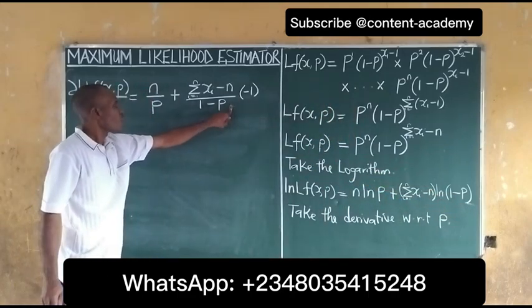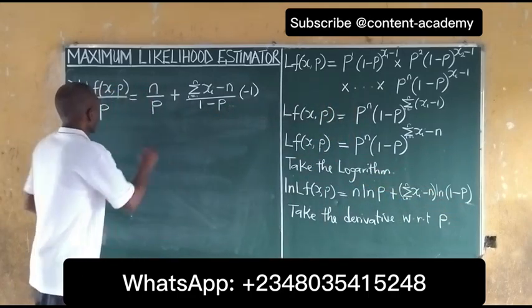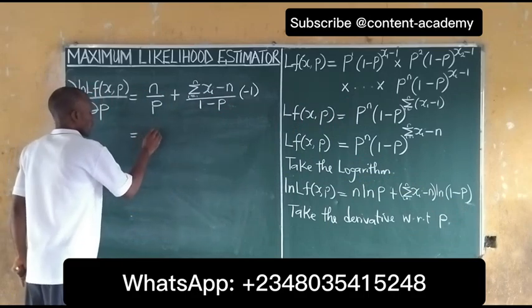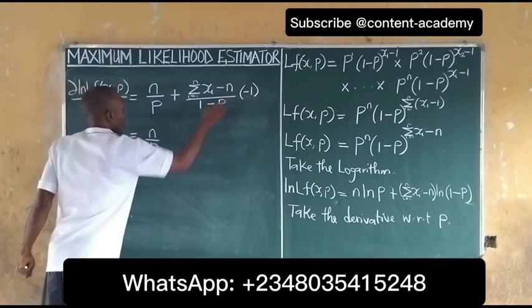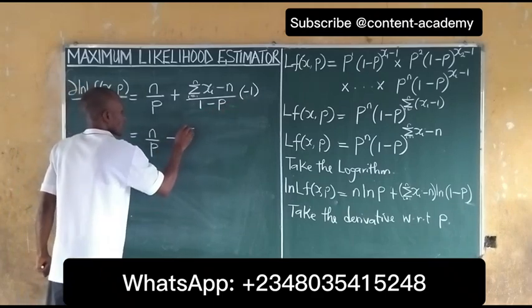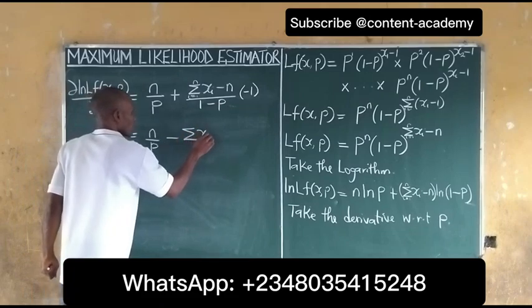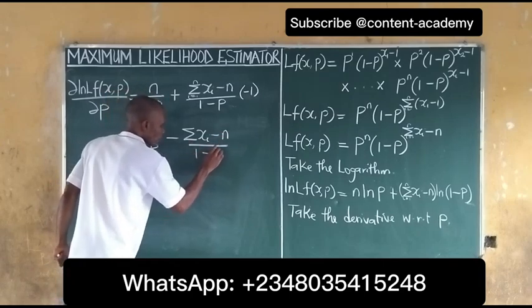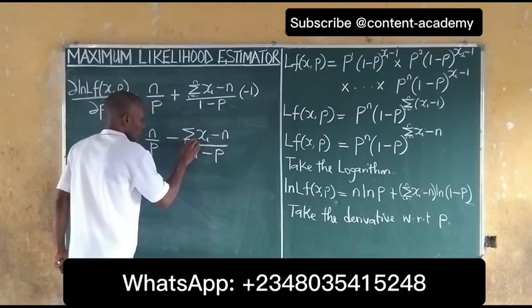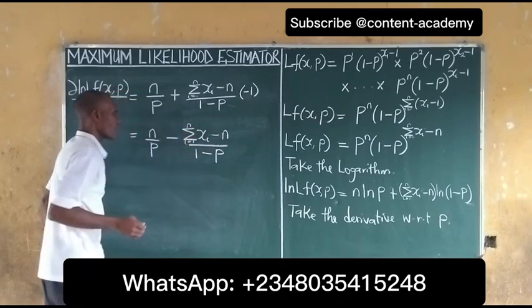Of course, we can rewrite this properly. It gives us n all over p. Because of this negative sign, we write here negative summation of xi minus n all over 1 minus p, ideally from 1 to n.